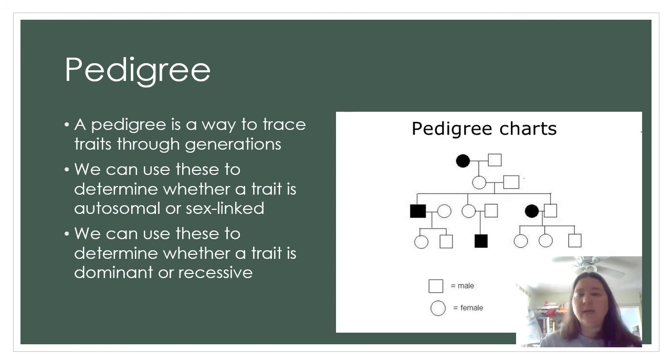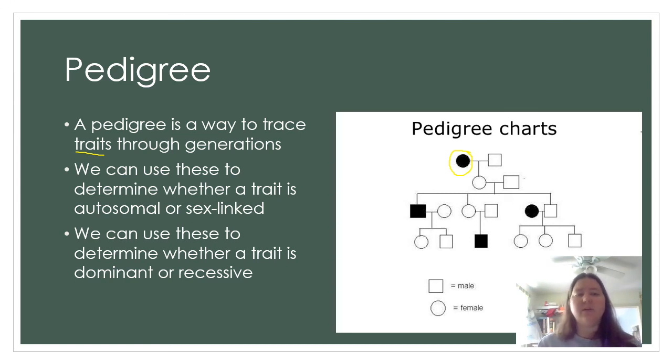Pedigrees, like I said, are just like family trees, except this is a way to trace the traits through generations. So not just are we seeing familial relationships, we're also seeing characteristics. We can use this to see whether a trait is autosomal or sex-linked, which we're going to talk a little bit more about in the next lecture.